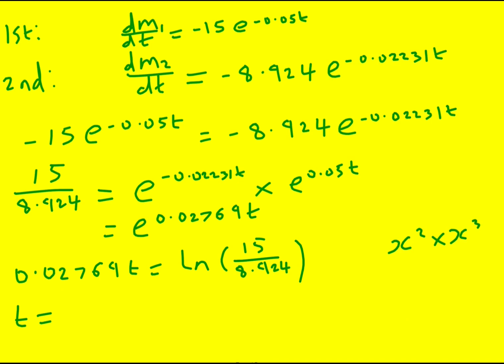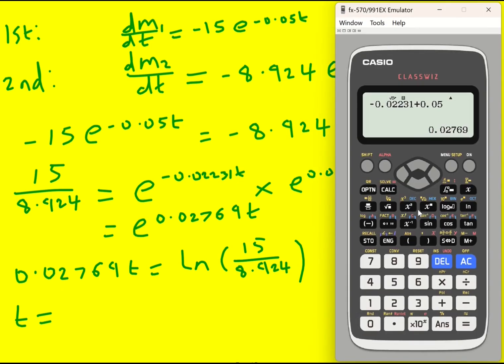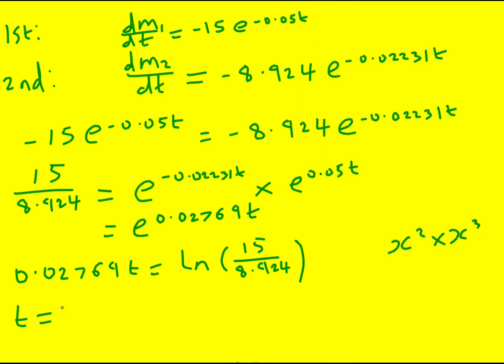So t equals that, divided by 0.02769. We get 18.754, or 18.8 minutes.